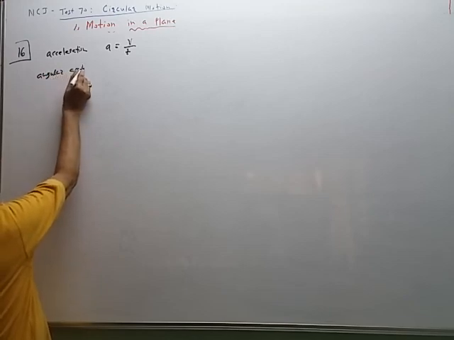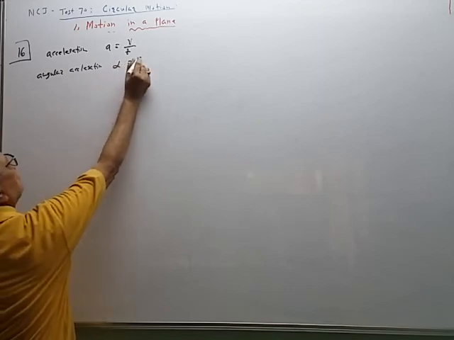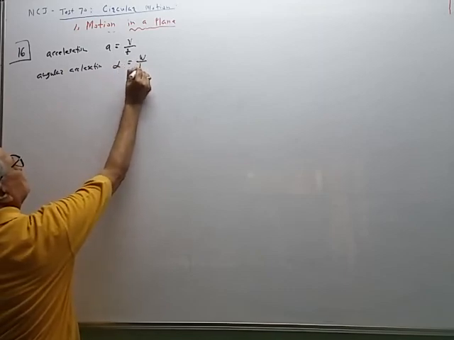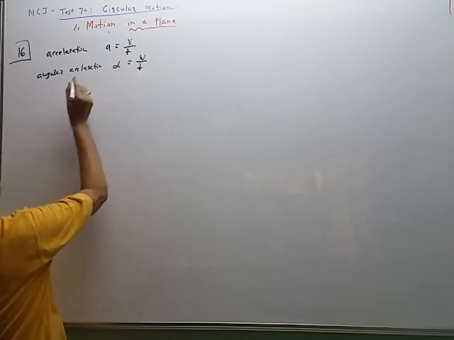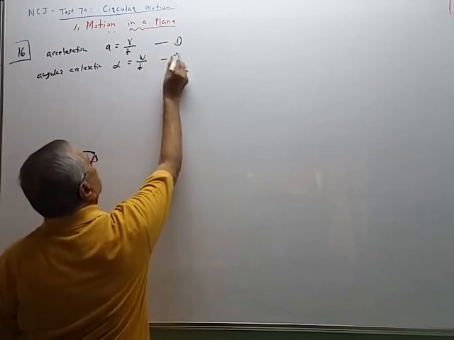Angular acceleration alpha is equal to d omega by dt, radian per second square. So this is equation 1, this is equation 2.